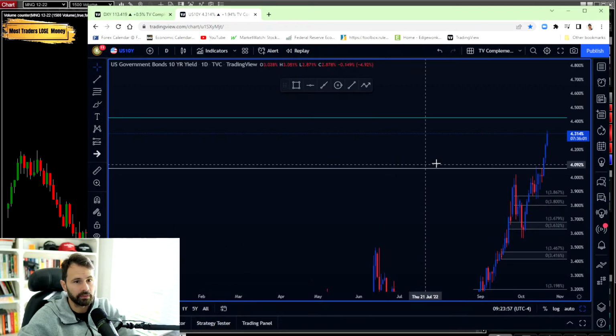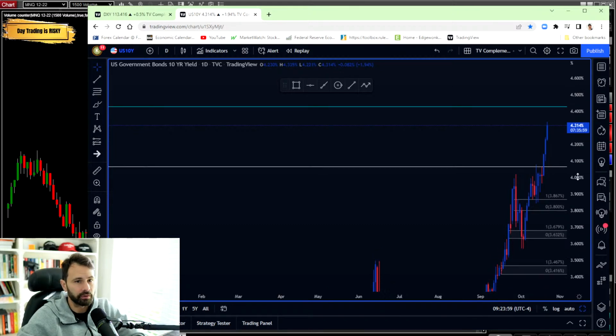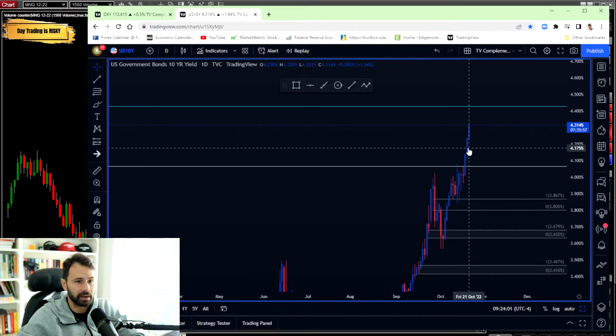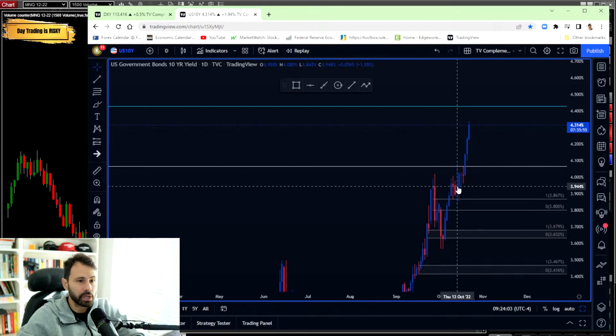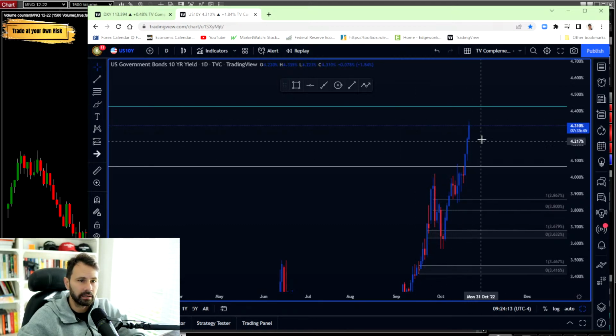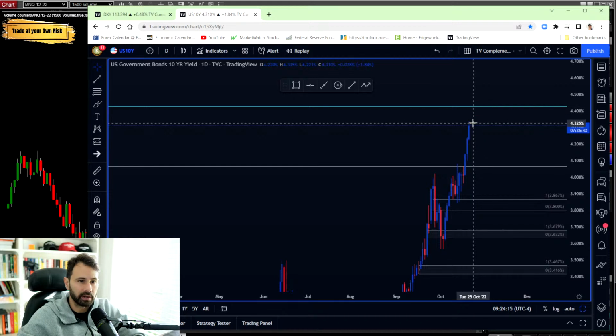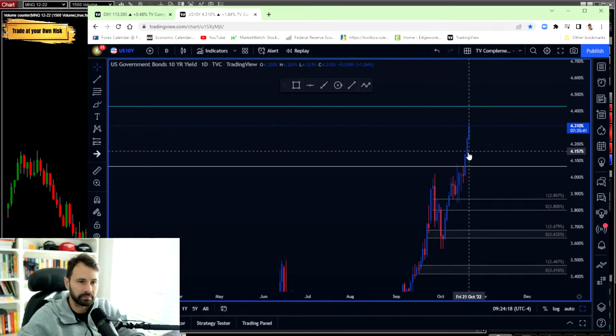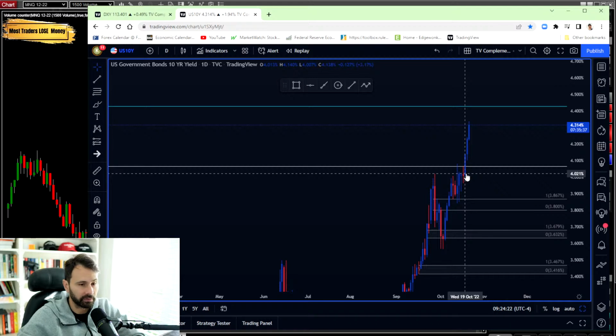Also, we can see how the rates, how the yields are going up big time. Like I said yesterday, I have no clear supply from where we were, like 4%, up to 4.43. So this green line is my supply, and we're approaching there now. If you figure this is a squeeze here, this is very bad.